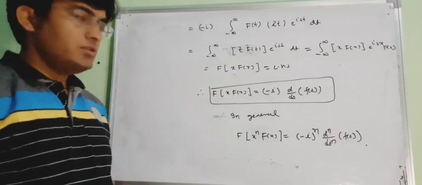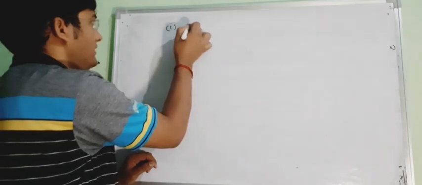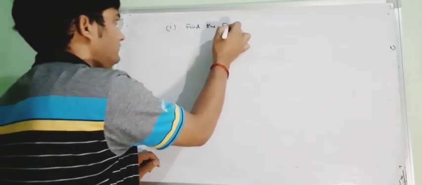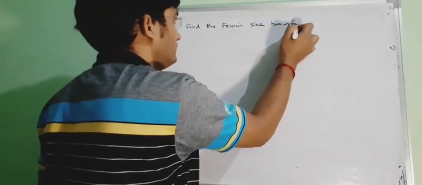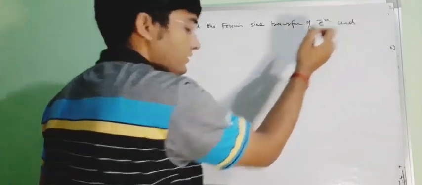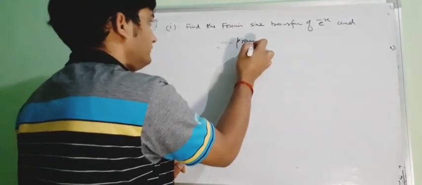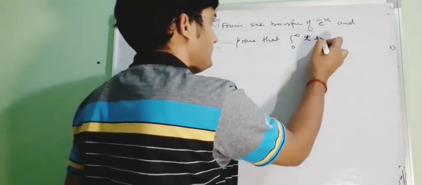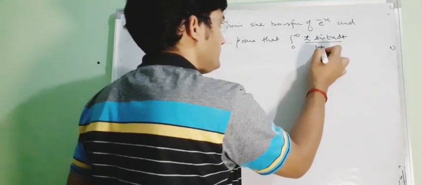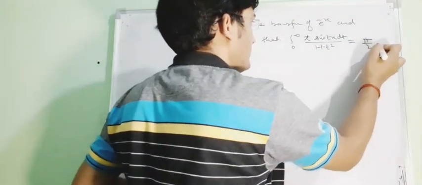Now let us solve some questions related to the Fourier sine or cosine transformation. So the first question: find the Fourier sine transformation of e to the power minus x, and deduce that the integral from 0 to infinity of t sin(tx) dt upon 1 plus t square is equal to pi by 2 into e to the power minus x.